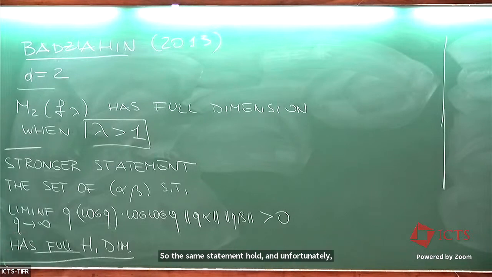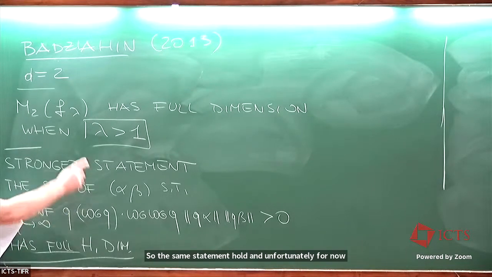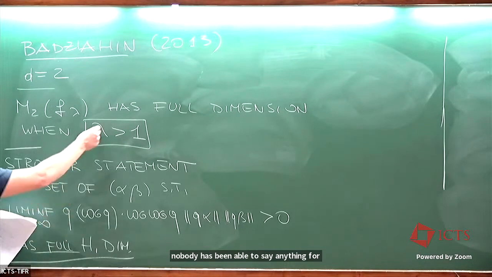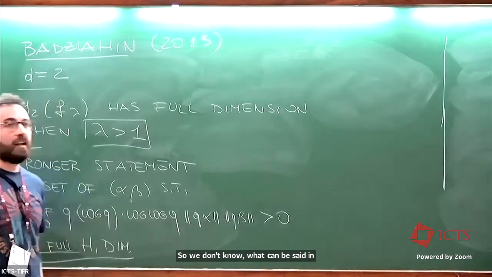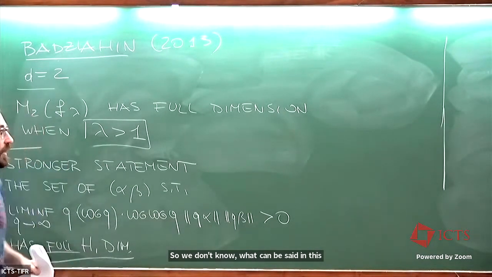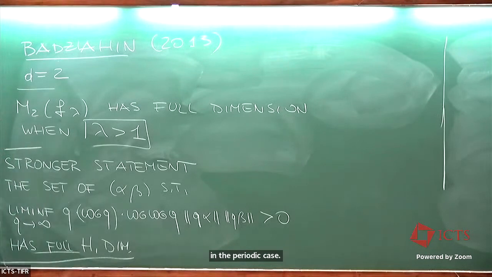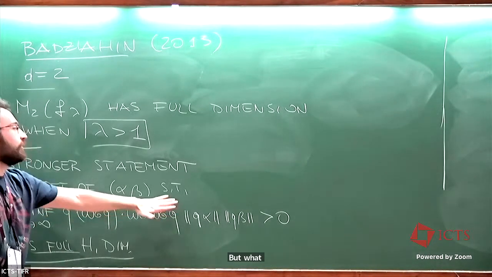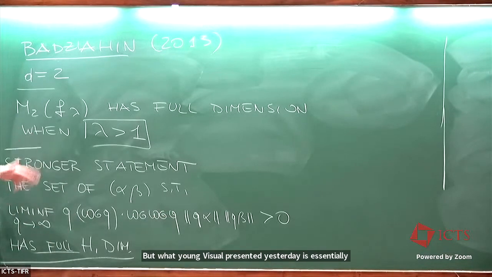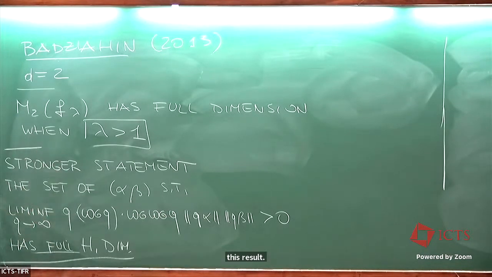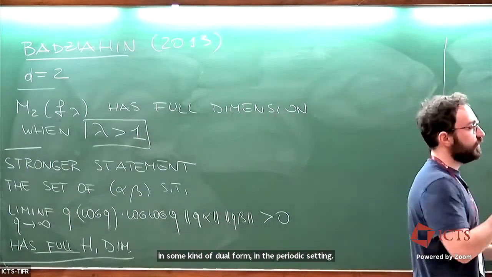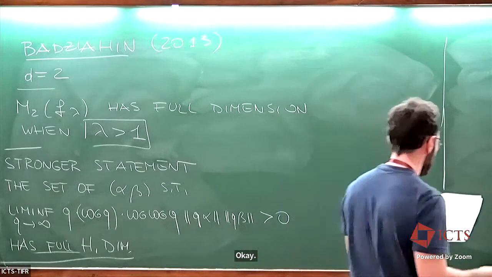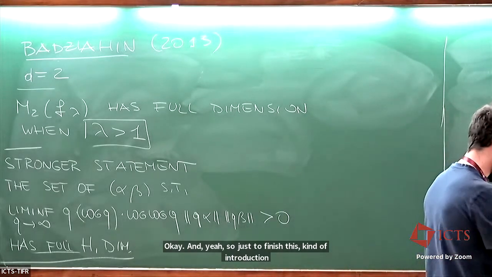Unfortunately, for now nobody has been able to say anything for lambda between 0 and 1, or even equal to 1. So we don't know what can be said in this setting, even in the p-adic case. But what Jan Bujold presented yesterday is essentially this result here in some kind of dual form in the p-adic setting.